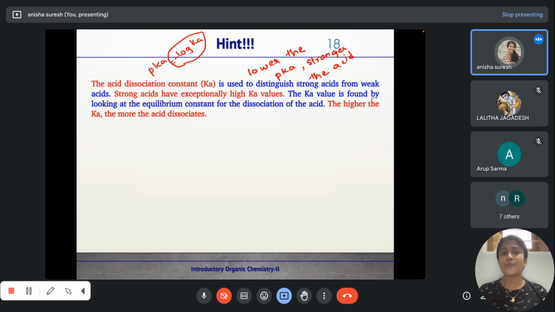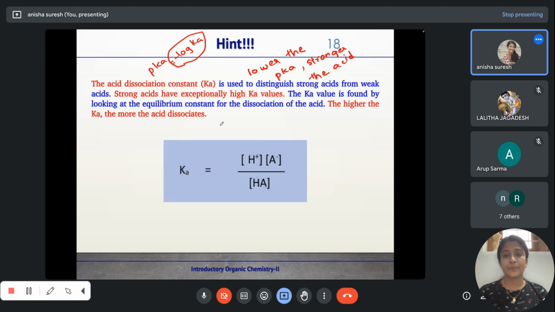The Ka value is found by looking at the equilibrium constant for the dissociation of the acid. So the higher the Ka, the more the acid dissociates. Ka is found using this equation, where Ka equals the concentration of H plus times the concentration of A minus, divided by the concentration of HA. If the concentration of H plus increases, it will be a stronger acid.